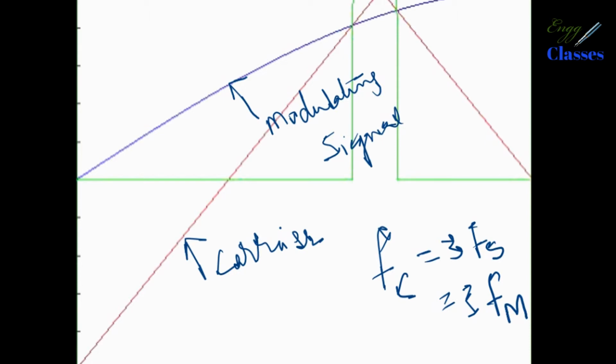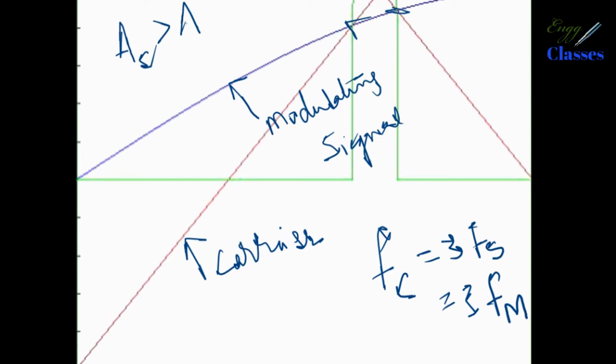Here, at these two instants, the magnitude of the carrier signal is equal to the amplitude of the modulating signal. So, here I am generating the trigger pulses whenever the amplitude of the carrier signal is higher than the amplitude of the modulating signal.